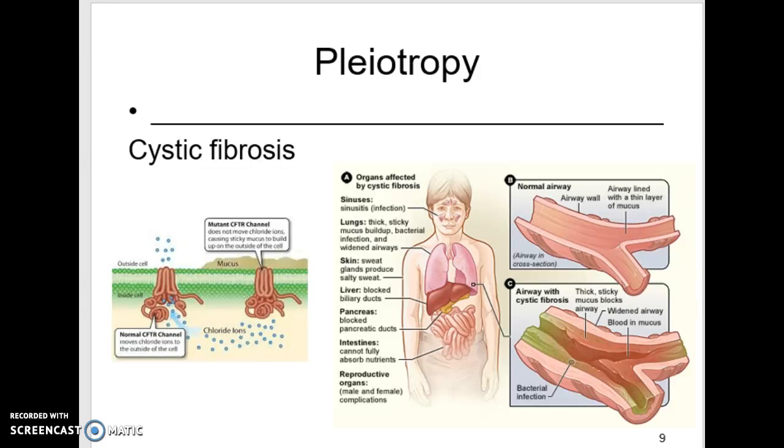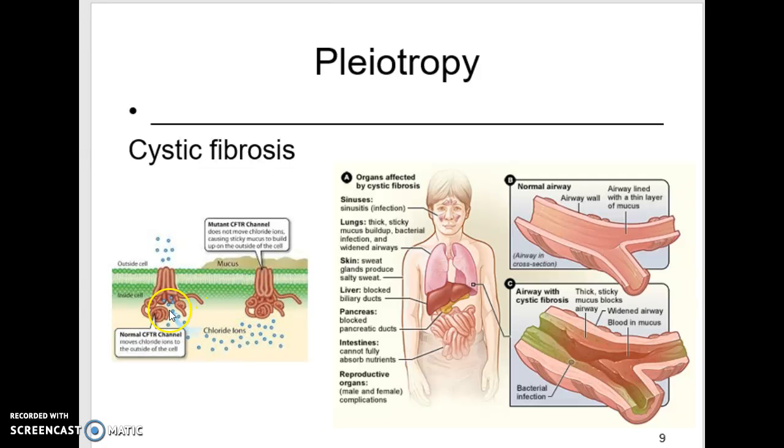So our example here is cystic fibrosis. Okay? Cystic fibrosis is determined by one gene. If you inherit this gene, the gene changes the shape of a protein channel in your cell membrane. It's called the CFTR channel. It's down here, this little protein structure. Now here's our normal channel. Here's the mutated channel.